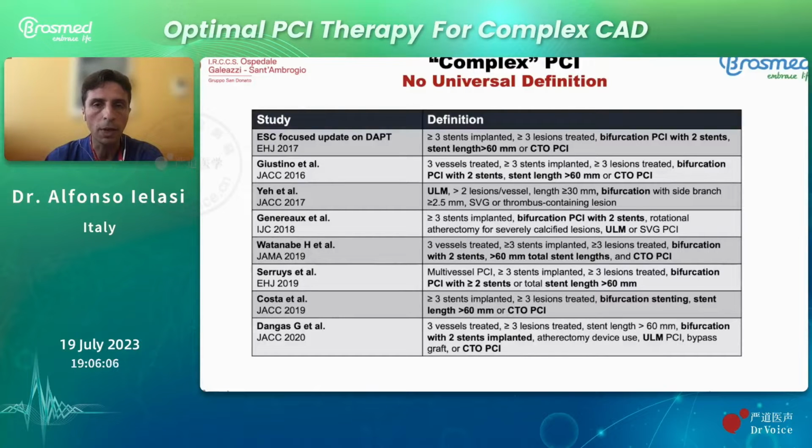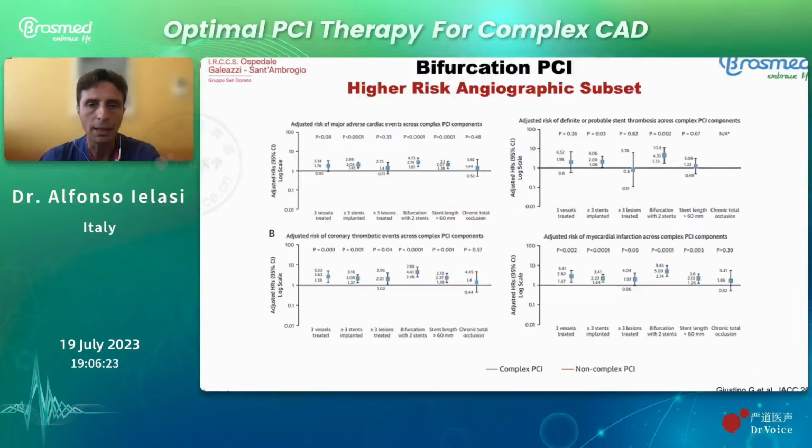In particular, bifurcations treated with 2 stents, CTO and unprotected left main PCI, treatment of calcified lesions, and treatment of diffuse coronary artery disease with implantation of more than 60 millimeter of drug-eluting stents.